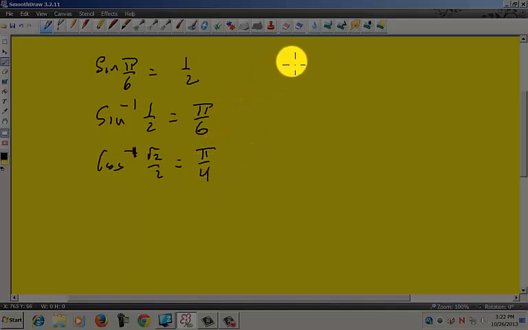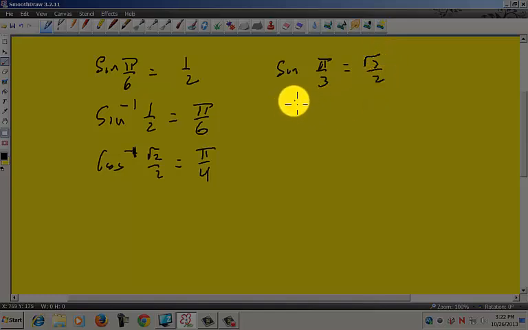Okay, and what if I say, what is sine inverse of pi over 3? Oh, no, don't say that. Okay, what if I say sine of pi over 3? Sine of pi over 3, obviously, is rad 3 over 2.